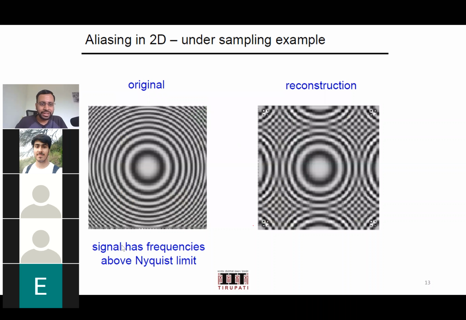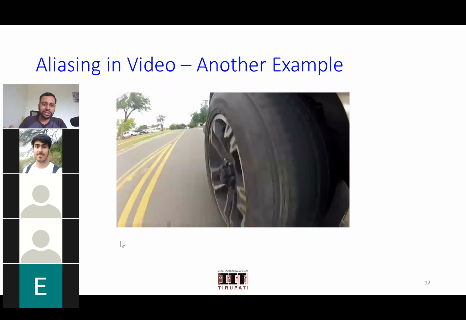I'm sure this effect, I'm not playing the whole thing, but let me just briefly talk about it. You would have seen this effect in movies as well. It looks like some parts are moving back rather than moving forward. That's because essentially something is moving, and you are taking samples of it, taking the images at a frame rate.